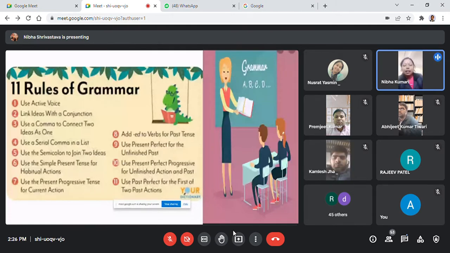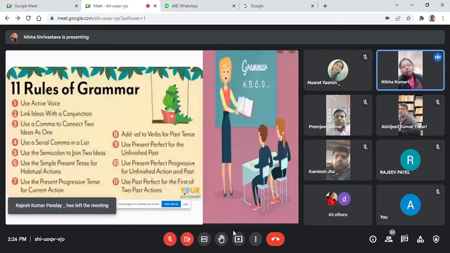So while telling anything to anyone, we should always use active voice in spite of passive voice. Now, second, we should link the ideas with conjunctions. If we have two or three sentences, we can join them with the help of conjunctions. It will save our time as well. Now, use a comma to connect two ideas as one.